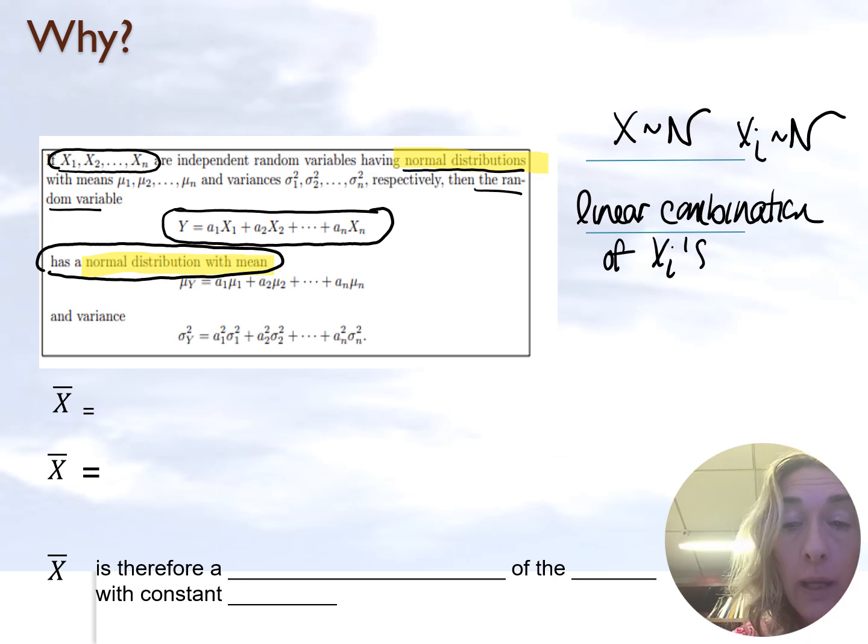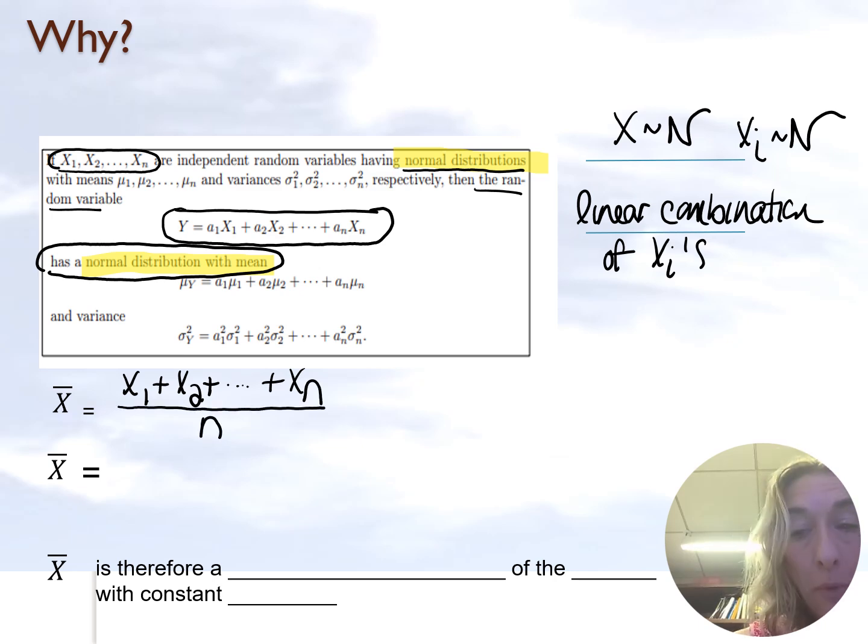So let's explain this just a bit further. We know that x bar, or the sample average, is equal to the following. You add up your various x's and you divide by the number of x's that there are. You sum up your items, divide by the number of items. Another way to write that is you can bring the 1 over n out in front of each term and write it like this.